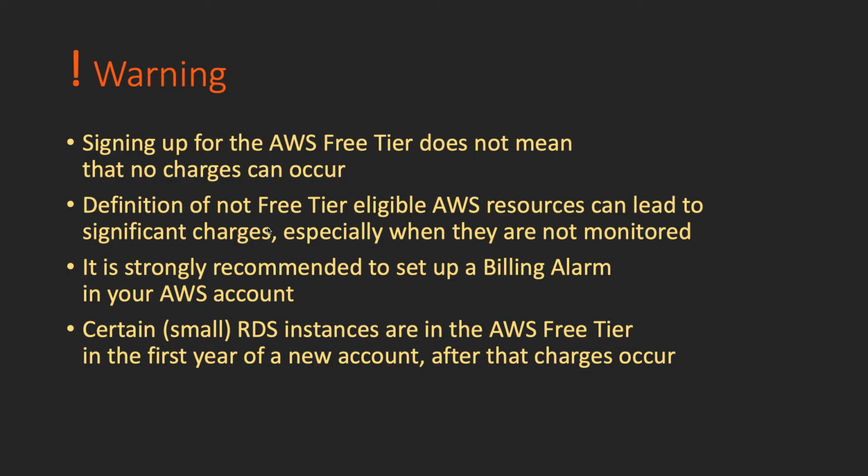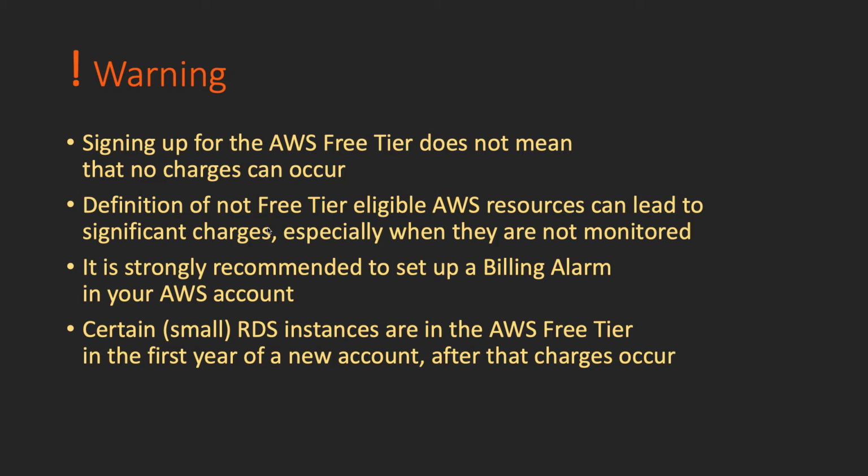At this moment, as usual, the quick warning: signing up for the AWS free tier account does not mean that no charges can occur. You can easily set up resources that are not free tier eligible, and that can lead to significant charges, especially when your account is not monitored.